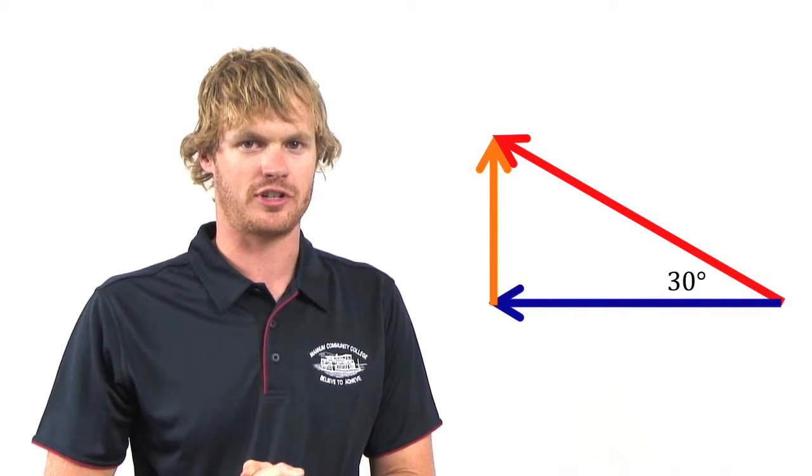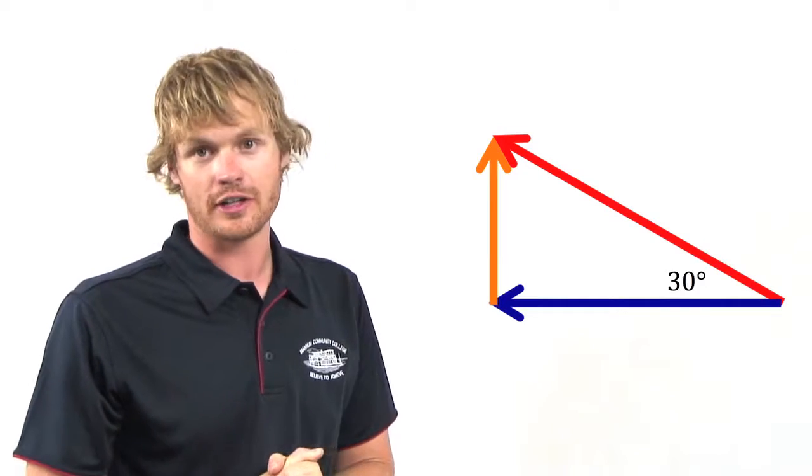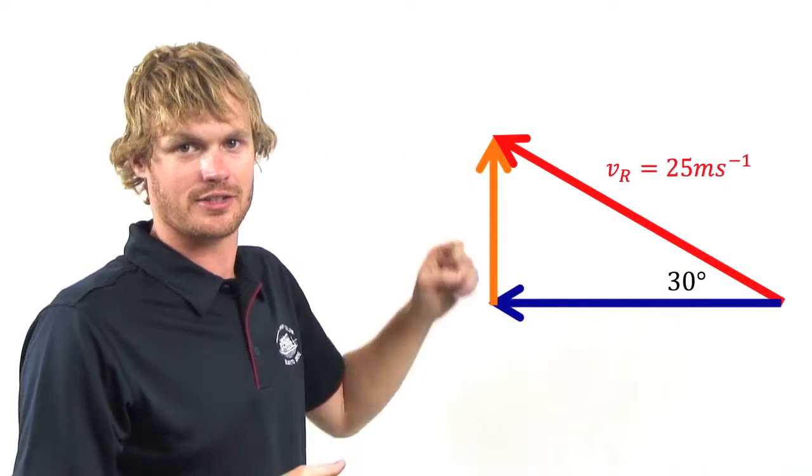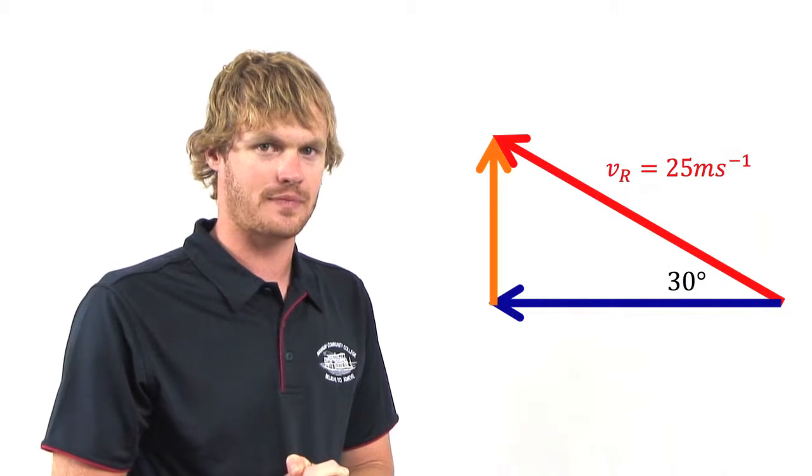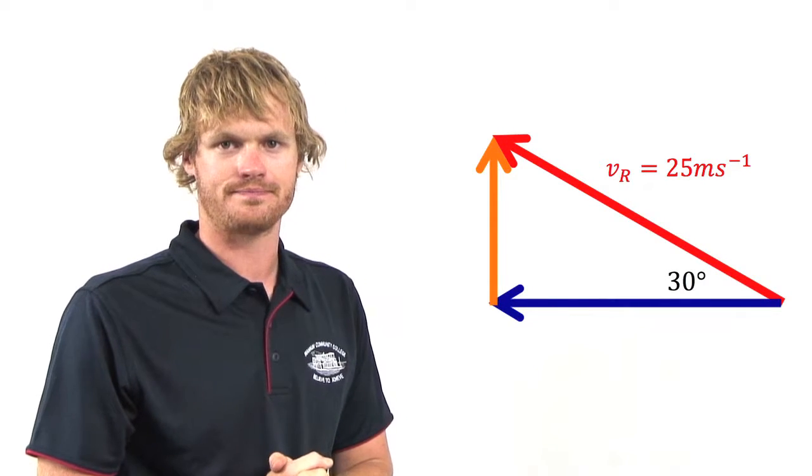So this is using simple trigonometry. So if I call this long vector here, the resultant vector, 25 meters per second, I'll have an angle of 30 degrees.